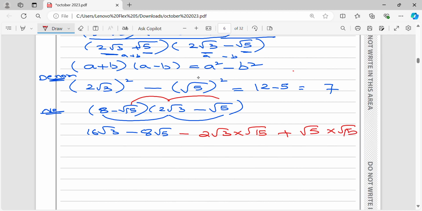So 16 root 3 as it is, minus 8 root 5. Let's simplify. Root 3 times root 15: if you type it in a calculator, root 3 times root 15 equals 3 root 5.